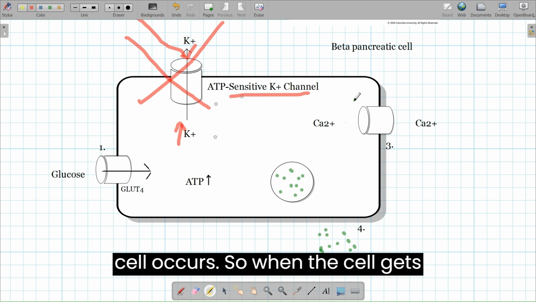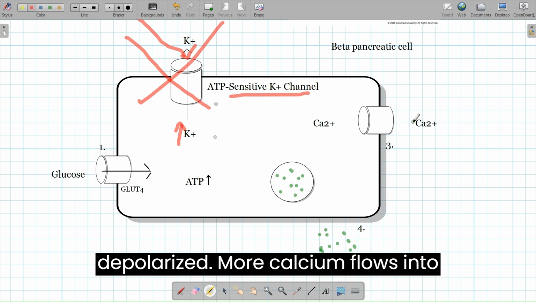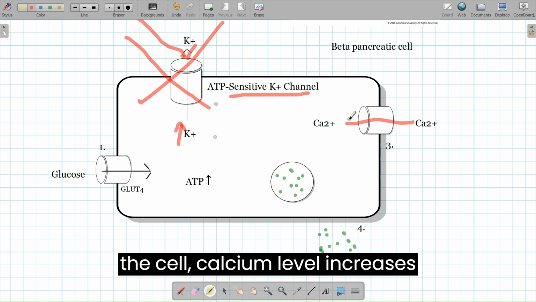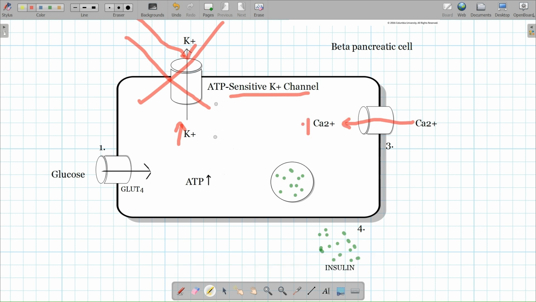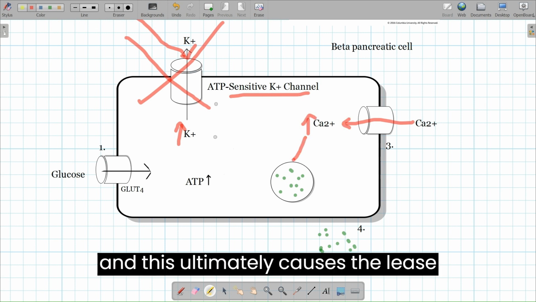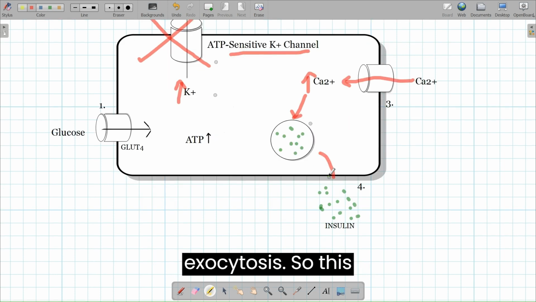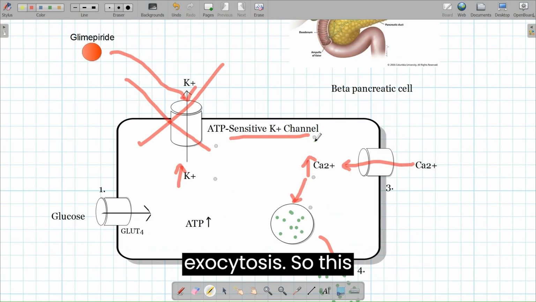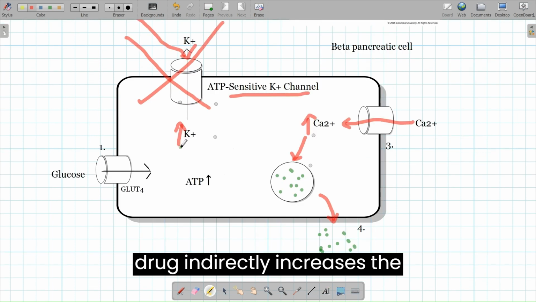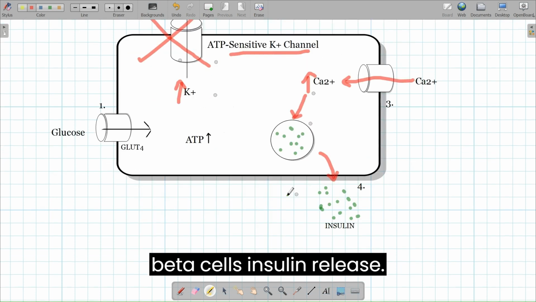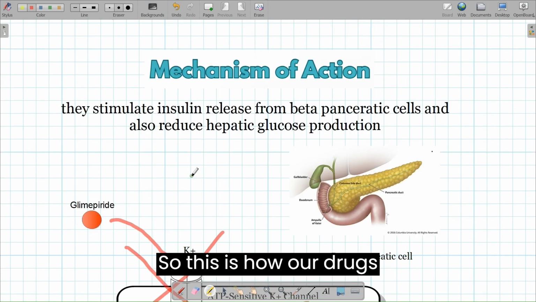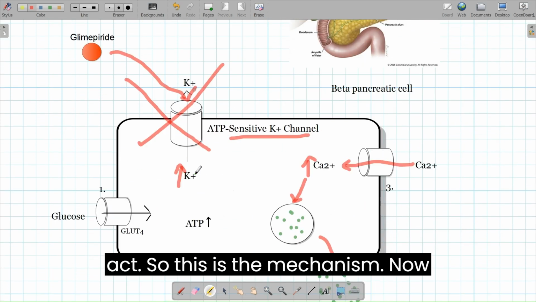When the cell gets depolarized, more calcium flows into the cell, calcium level increases, and this ultimately causes the release of insulin through the process of exocytosis. So this drug indirectly increases the beta cells' insulin release. This is how our drugs act. This is the mechanism.